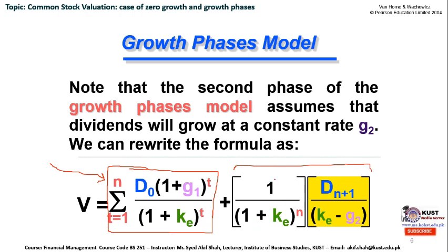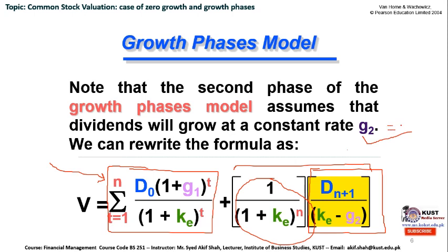However, the second section of the previous formula looks like this, or we can write it in this fashion. This 1 divided by (1 plus ke) raised to the power n is the present value factor, which shall be applied on the second section of the formula, because the second section states that the dividend after G2 will grow at a fixed rate.